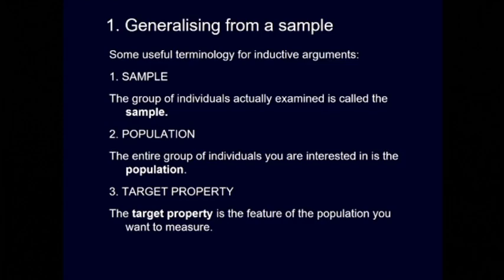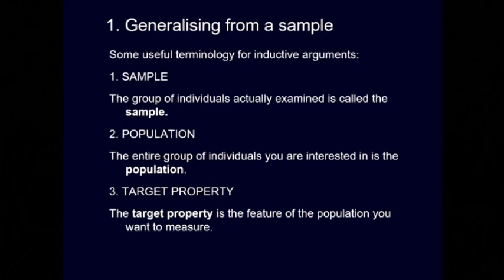You want to use that sample to make a generalisation about some wider class from which that sample is drawn. We call that the population. The target property is the thing that you're measuring, the feature of interest.